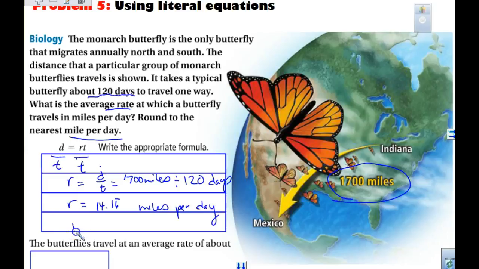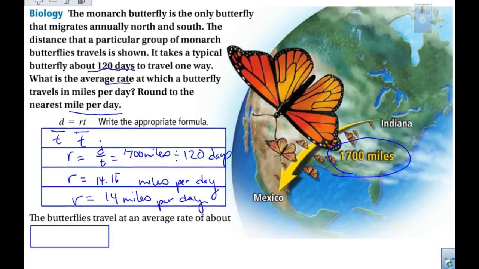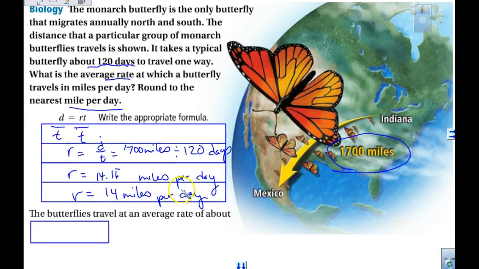So you would tell me our butterfly is roughly getting 14, right, miles per day. So sometimes all those extra decimals, we don't really want to put those in, so we're going to leave our answer in that form, okay?